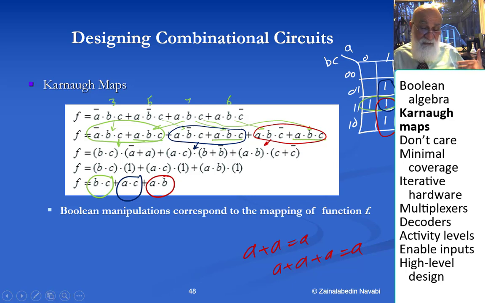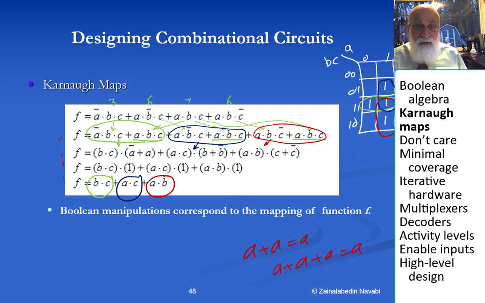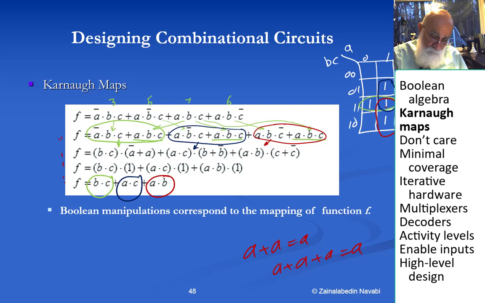What I'm saying is, instead of going through these Boolean algebra steps, if I can just look at this and find out that indeed the green map has only variables B and C, I would be able to write this directly as such.